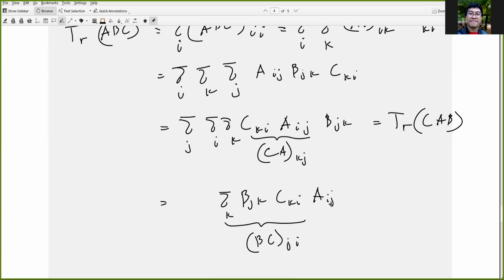Then there's A_ij, and we sum over all i. That would be BCA_jj, and if you sum over all j, that would be the trace of BCA.